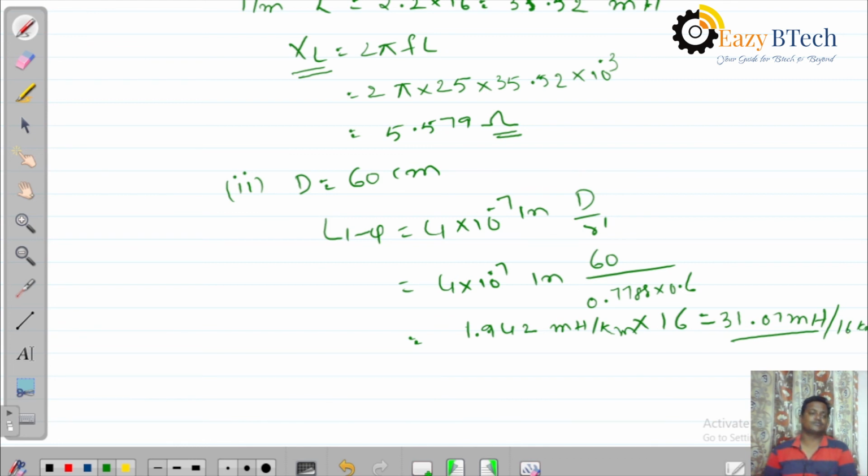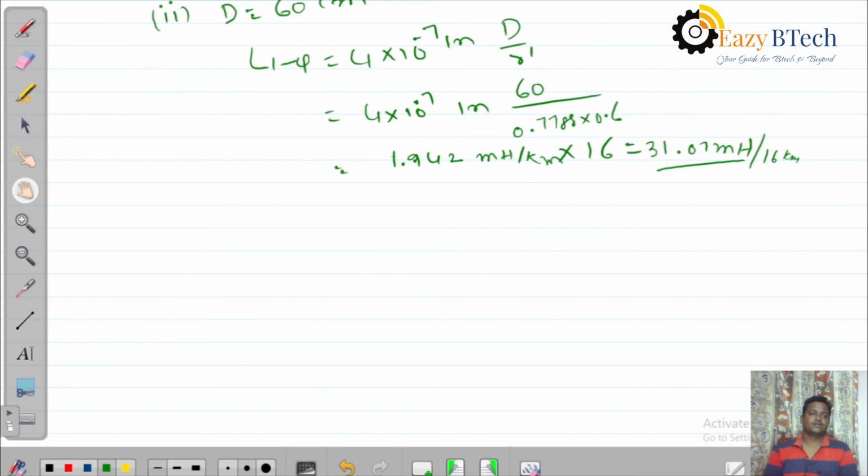Therefore, what is the XL value? 2 pi f L, that is 2 into pi into 25 into 31.07 into 10 power minus 3.